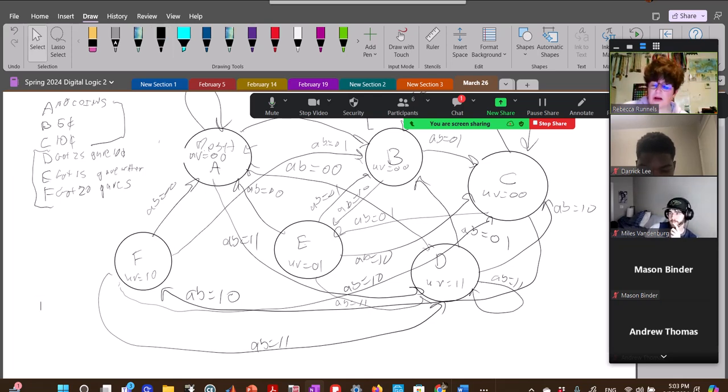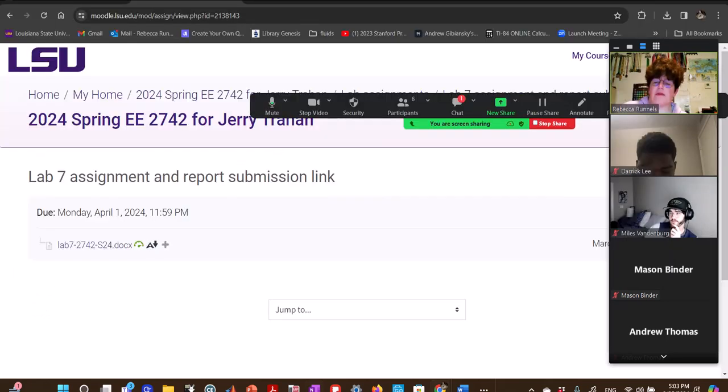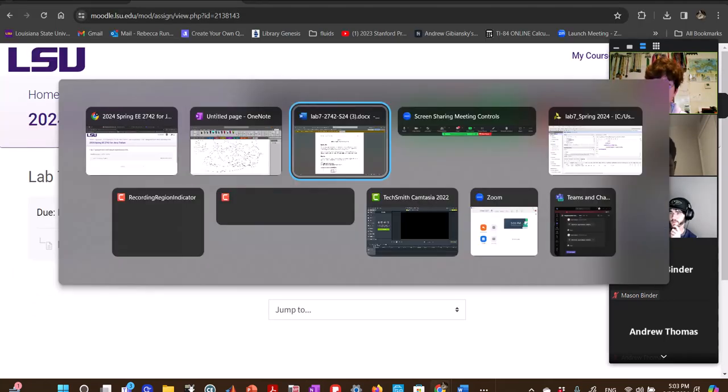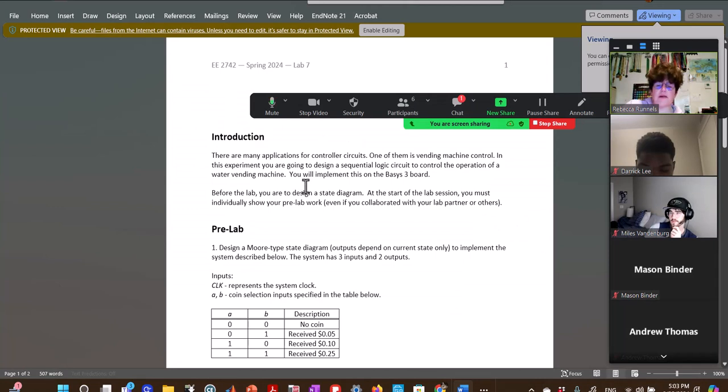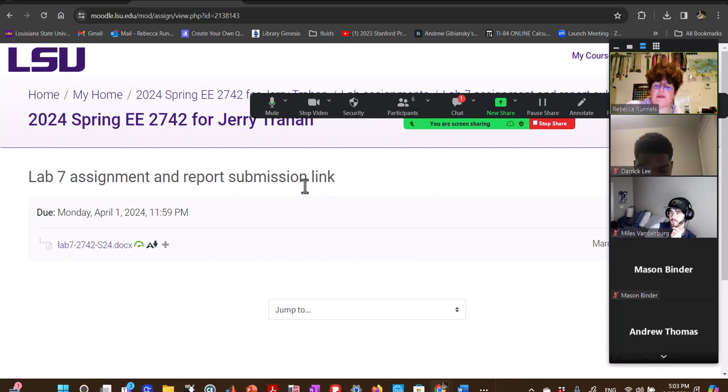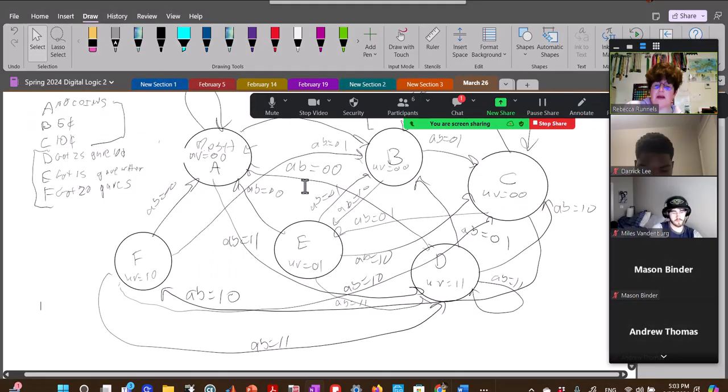Now, in the directions for the lab report, it says you are to design a state diagram. It doesn't say you have to have a state table. It doesn't say you have to have a state assigned table. You might find it helpful, and we'll get it started because it might be helpful for the coding, and so we'll see how to do it.